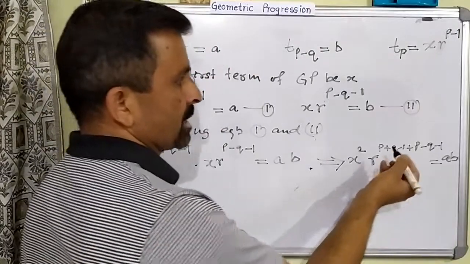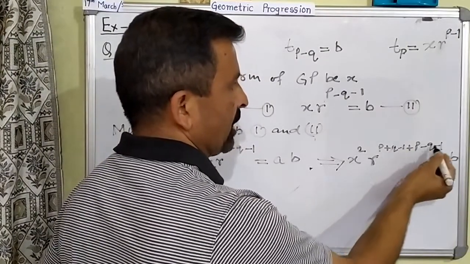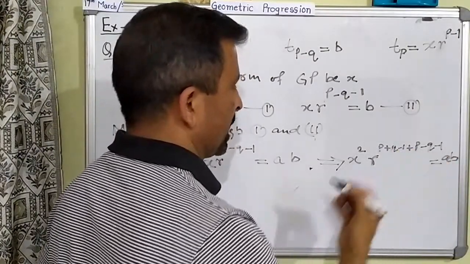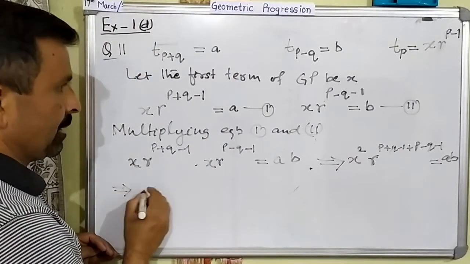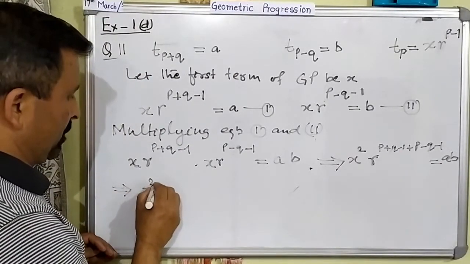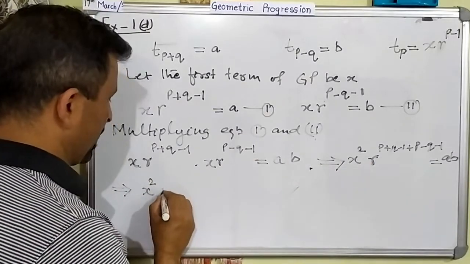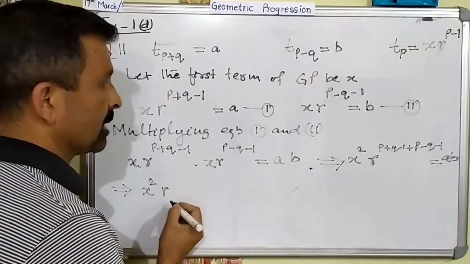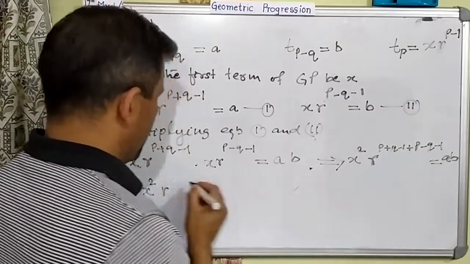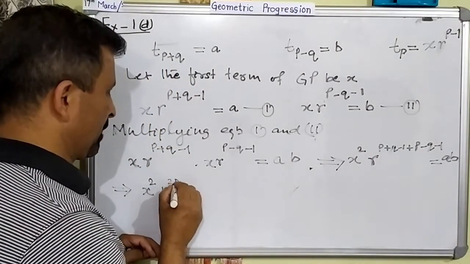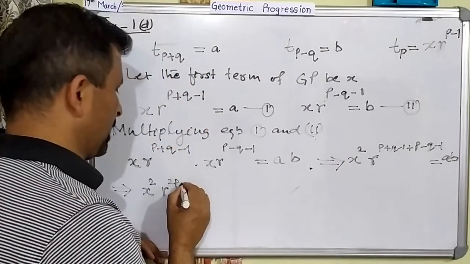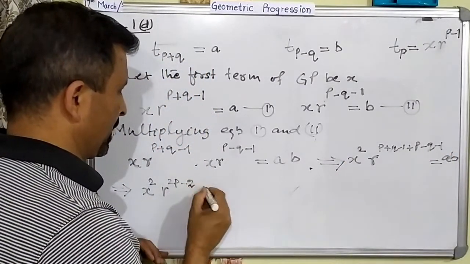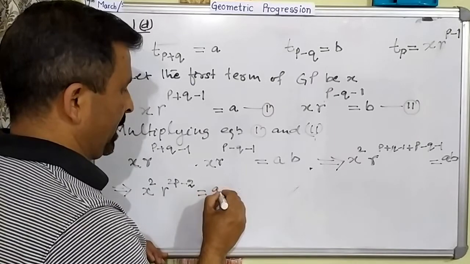Now let us simplify. This plus q and this minus q will be cancelled. The next step will be x to the power 2, r to the power p plus p, 2p, and then minus 1 and minus 1 is minus 2, is equal to ab.